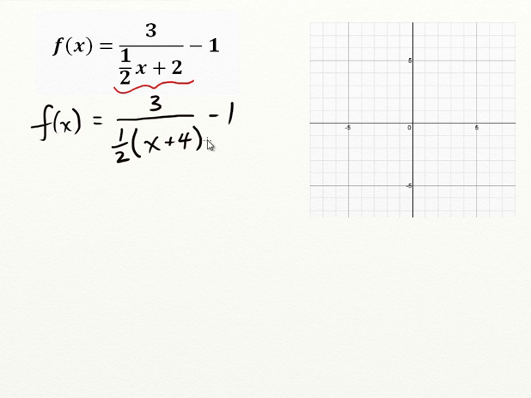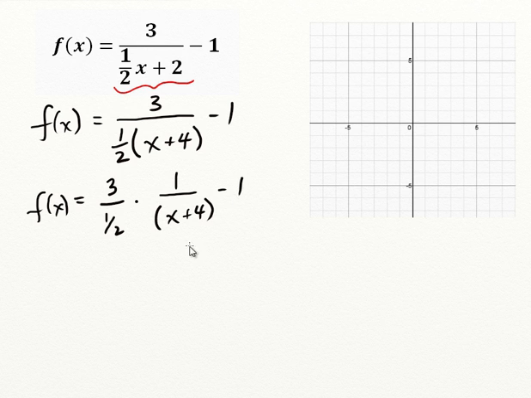All right, well, what do we do now? Well, we learned that we can take and combine this 1/2 that I just factored out with the 3 on the top. And if I rewrite this, I'm just going to combine them together. I'm going to say, okay, that is 3 divided by 1/2 times 1 over, and now I've just got the x plus 4 all by itself, minus 1.